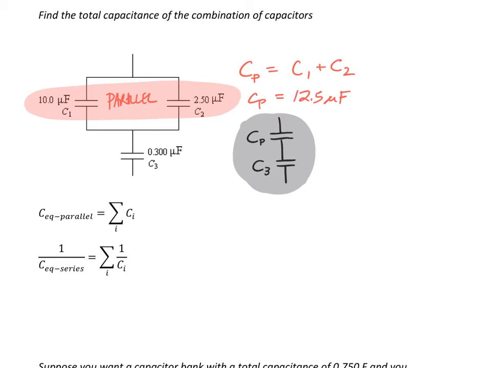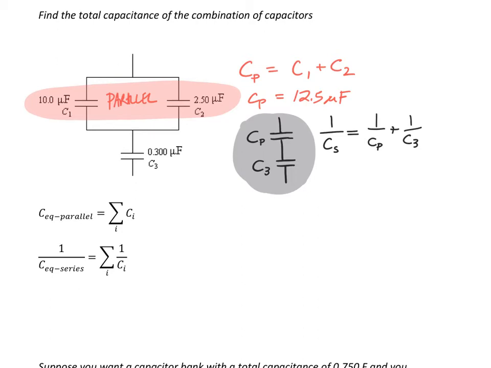All right? Well, series capacitance, which I'll designate as C sub S, is written this way. 1 over the total capacitance in series would be 1 over the first one in series plus 1 over the next one in series, and so forth and so on, as many things that you have in series.